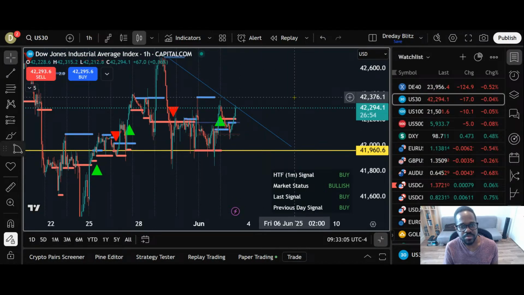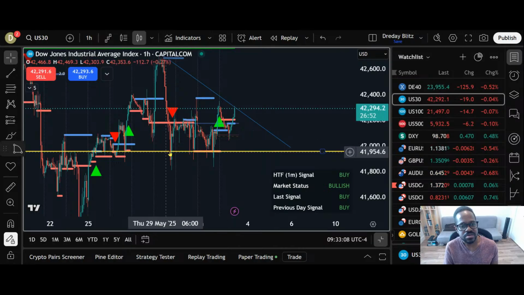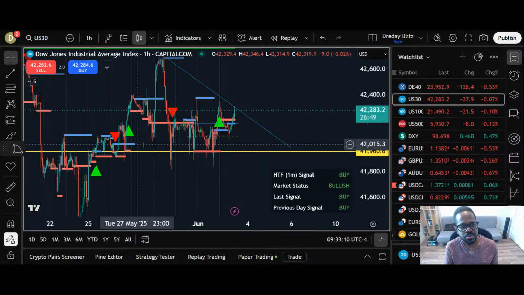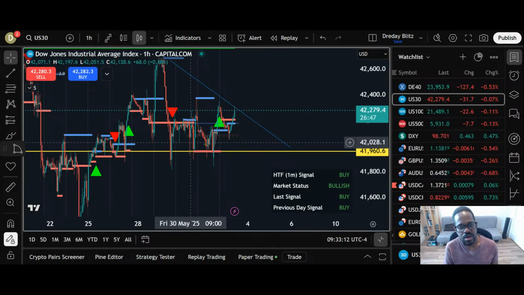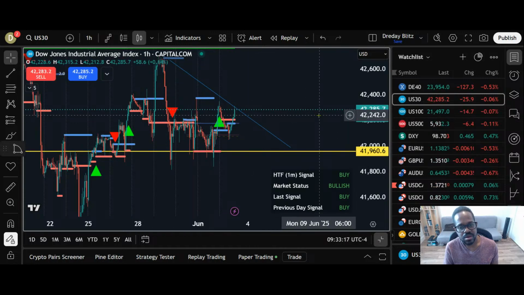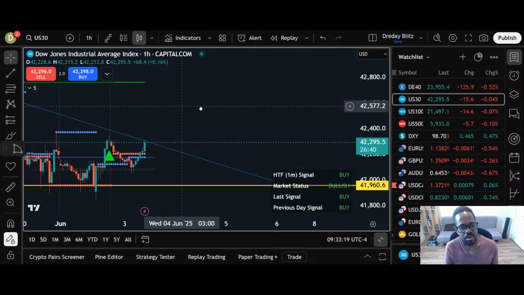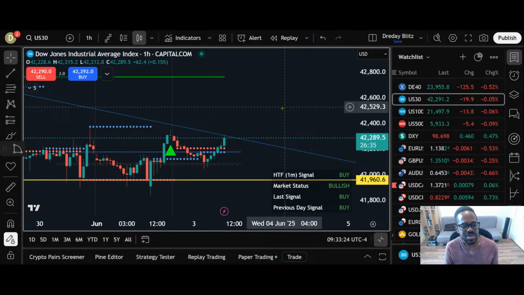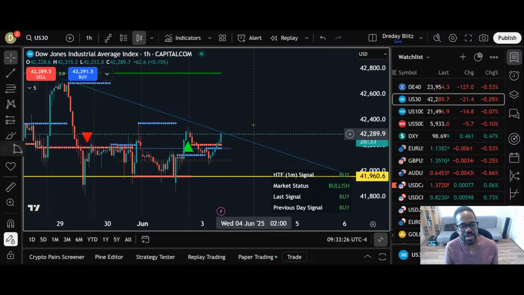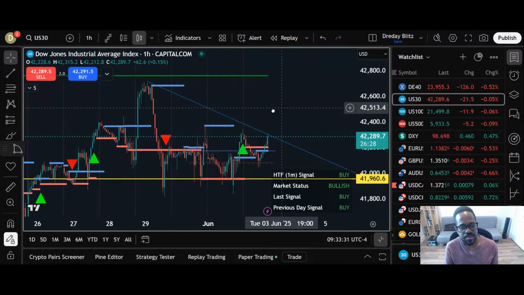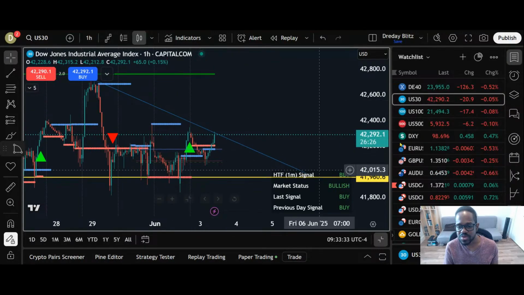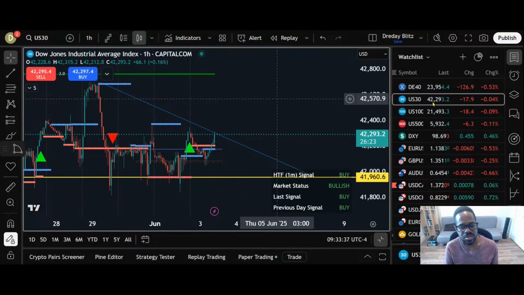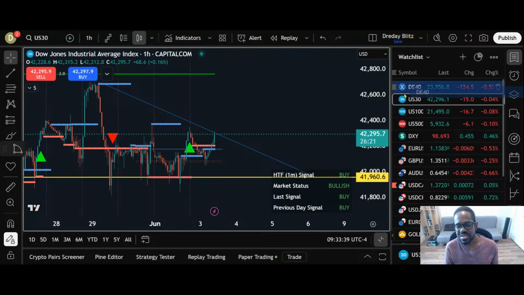So basically, you have a flag that is being created here. If we look at those previous lows, it's touching multiple times on the low, and now we have an actual trend line. So we're going to see exactly if it's going to break this trend line and retest that trend line and start to go up if it wants to change direction. So right now we switched from bearish to bullish on the indices.